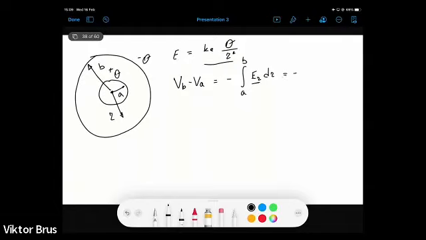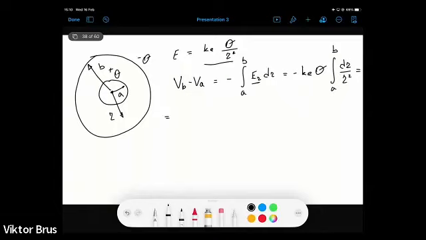So it will be minus KeQ. These are constants, they don't depend on position, from A to B, dr over r squared.